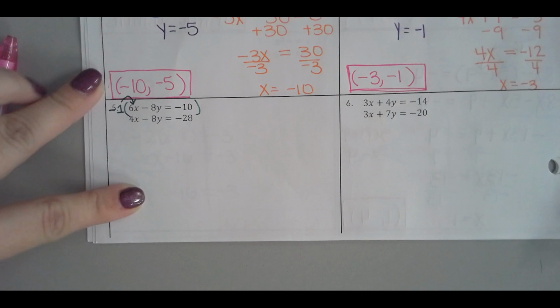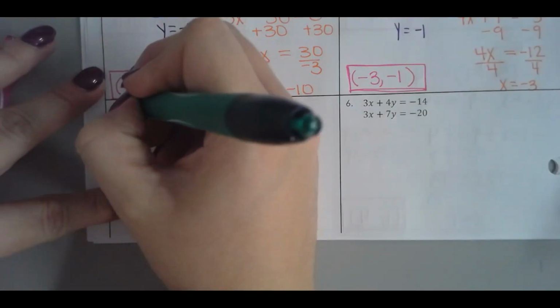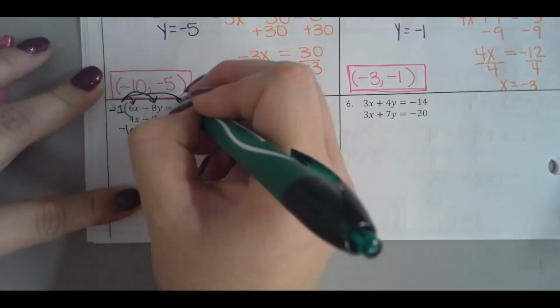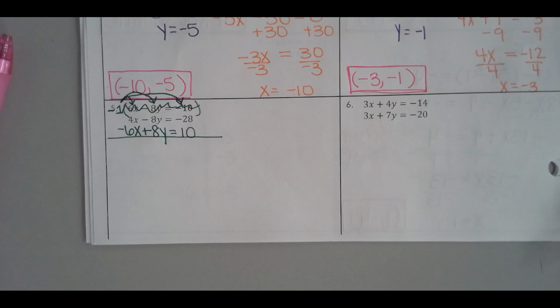Negative 1 times 6, and that has an x. Negative 1 times negative 8y. Negative 1 times negative 10. And so we changed that top equation. The 2 that I have left, can I eliminate one of the variables?